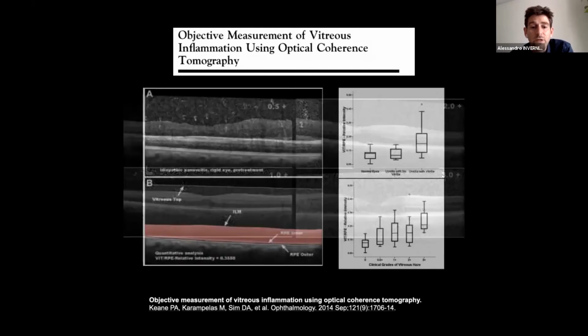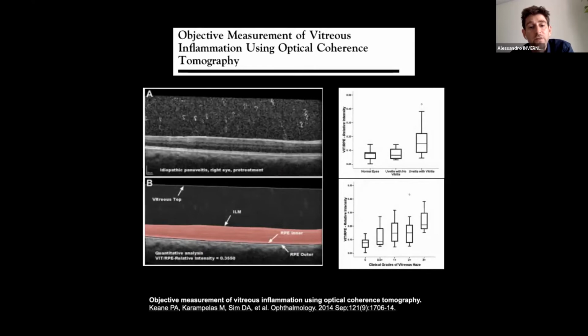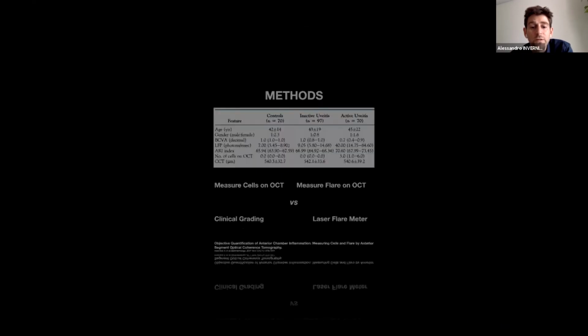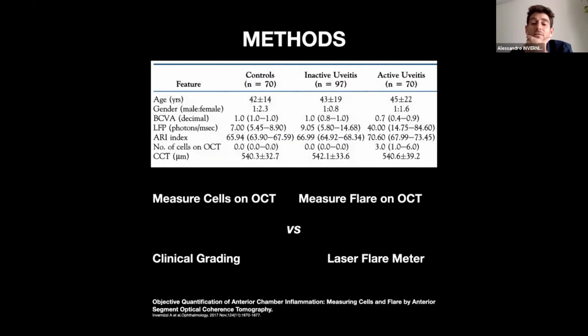They tried to assess the reflectivity of the vitreous and compare it with the reflectivity of the RPE. This is in the back of the eye, of course, but the same principle can be applied to the anterior chamber. And in this paper, we assessed the cells and the flare on OCT of the anterior chamber.